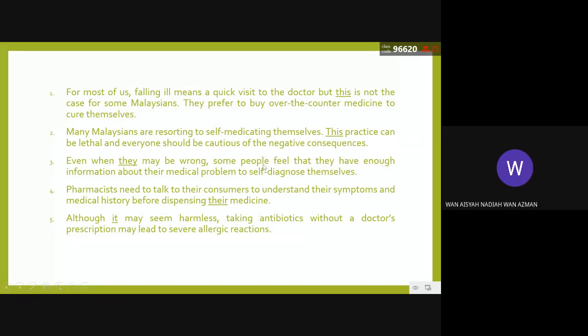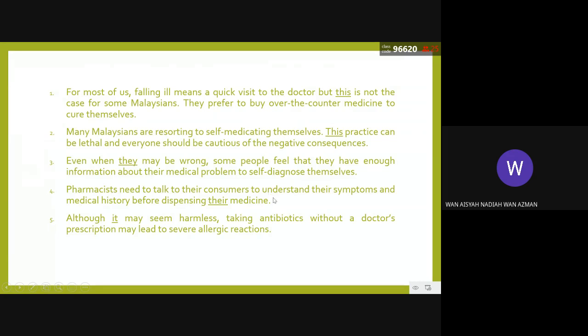Some people who what? Who feel that they have enough information about their medical problem to self-diagnose themselves. Yes. So they here is referring to some people who think that they have enough information about medical problem to self-diagnose themselves.